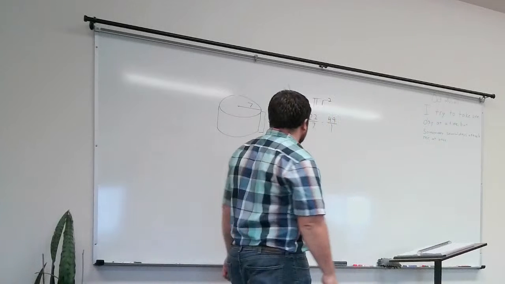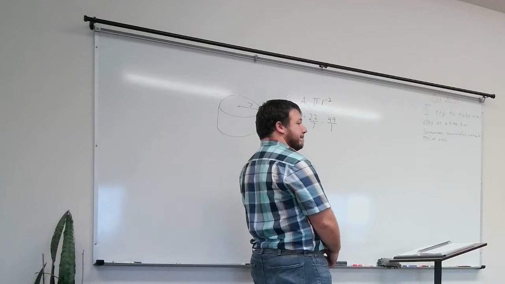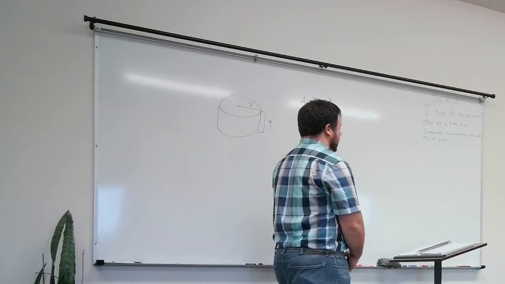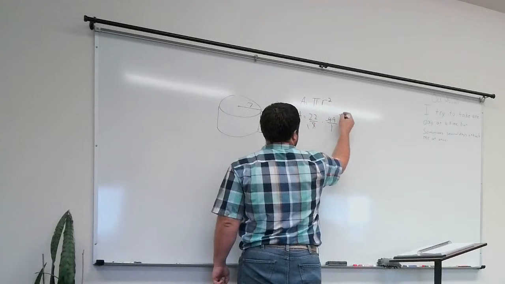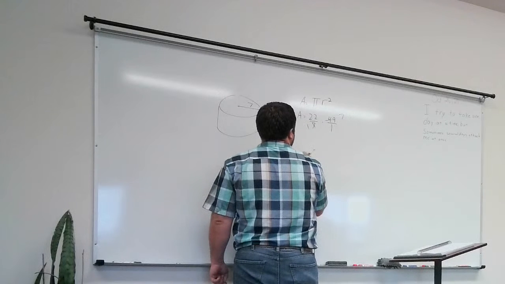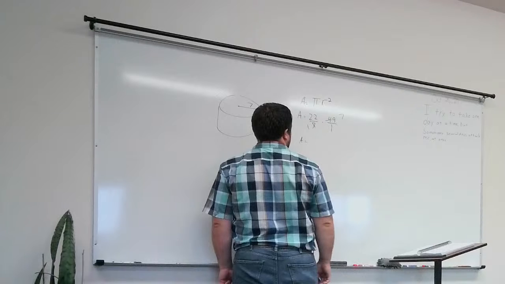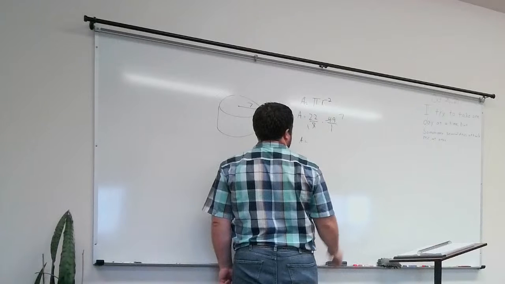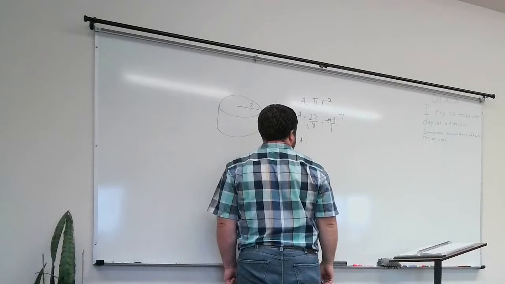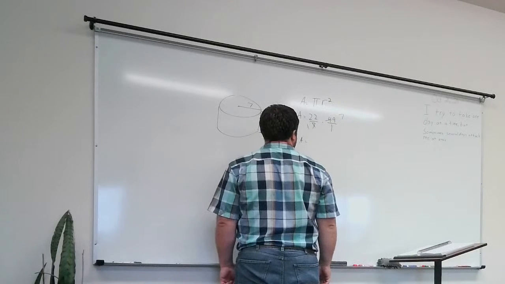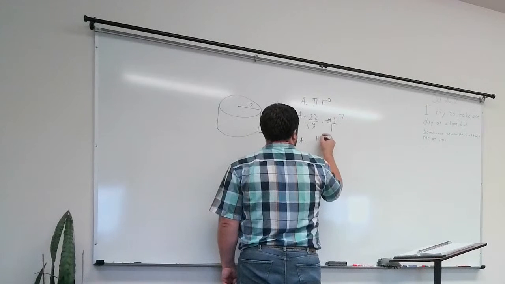Leah, what happens when you reduce this? The 7 and 49 reduce to 1 and 7. So area equals 22 over 7 times 7 over 1, so 22 times 7 is 154.